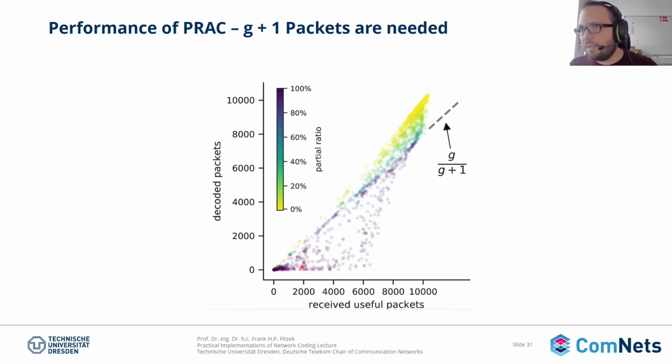But we noticed that even though we were considering an infinitely powerful PRAC in our simulation, there were some packets that could not be decoded. These dots were not pushed to this line. They were still below.